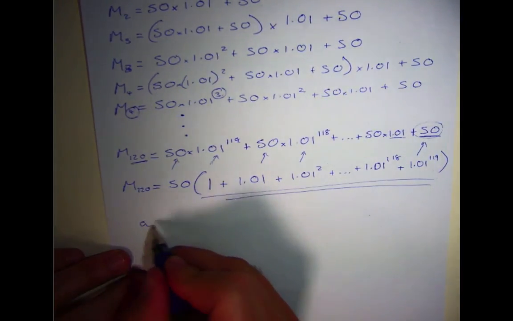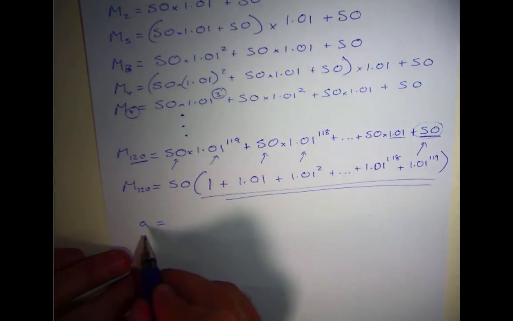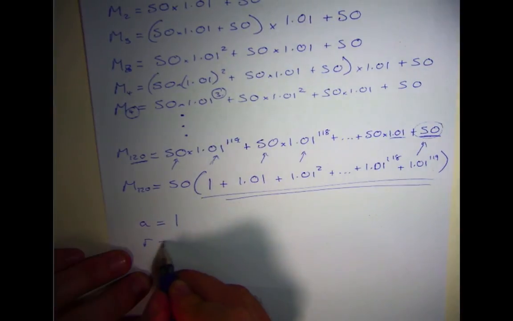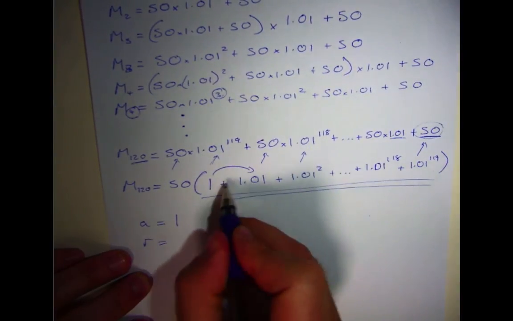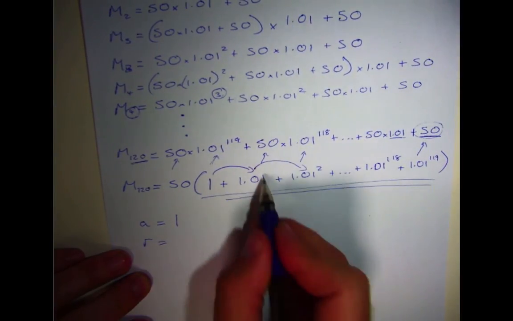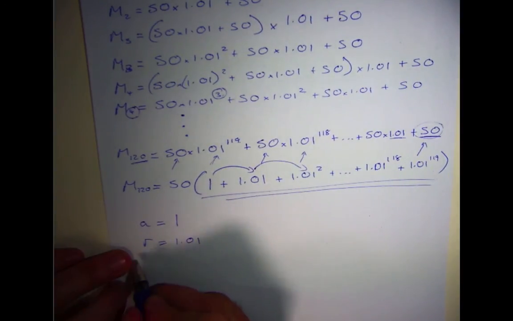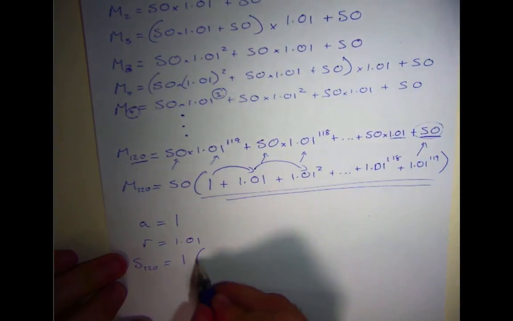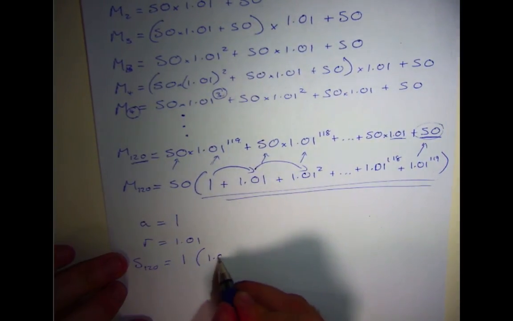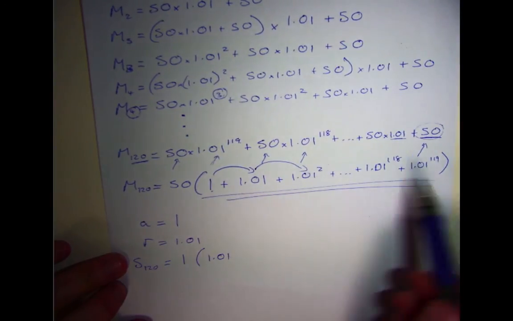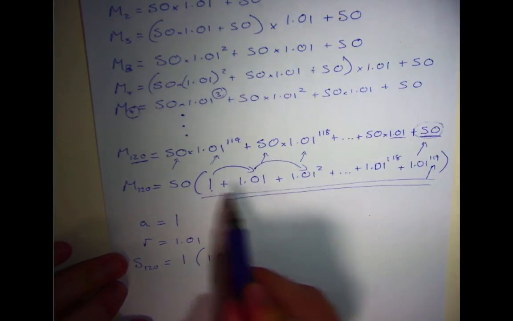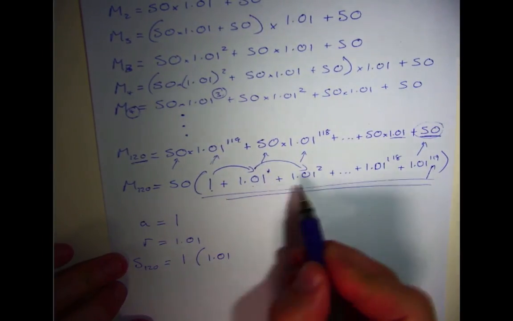Now, the only thing is, the difference is here, compared to when it was put in at the beginning of the month, our A is 1. Our R is still going to be the ratio between here and so on, which is going to be 1.01. So our sum, S to 120, will be A out the front, 1.01. Now, how many terms are there between here and here? Now, this says 119, but there's 119 from here to here.